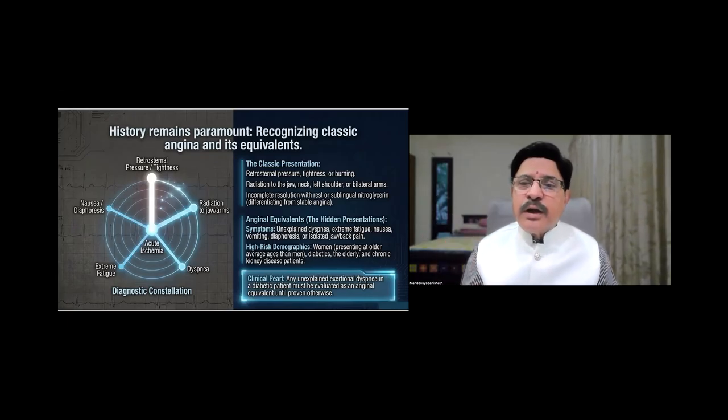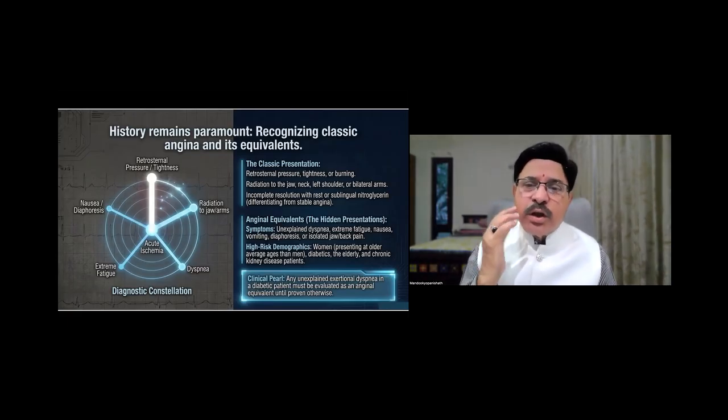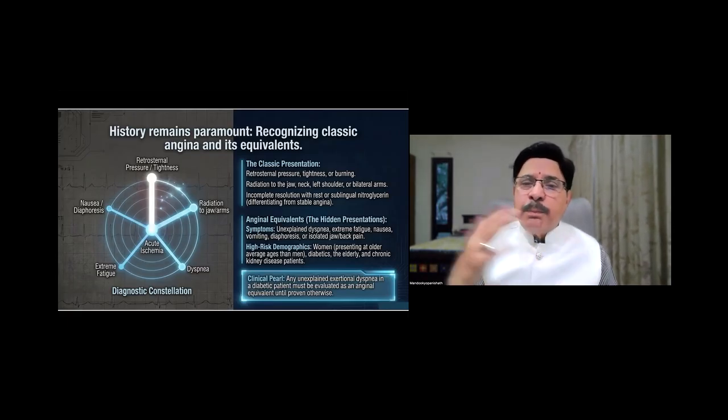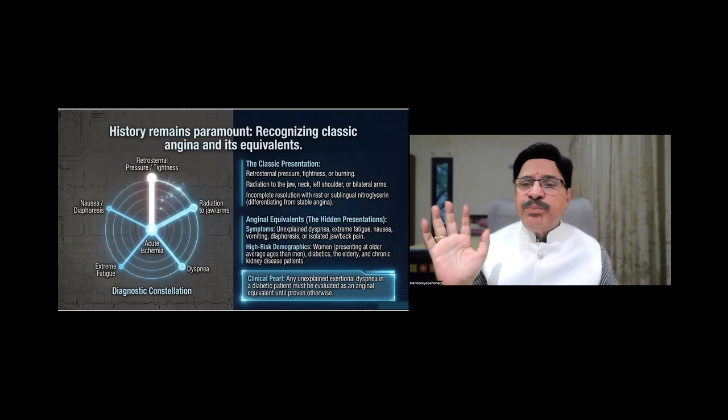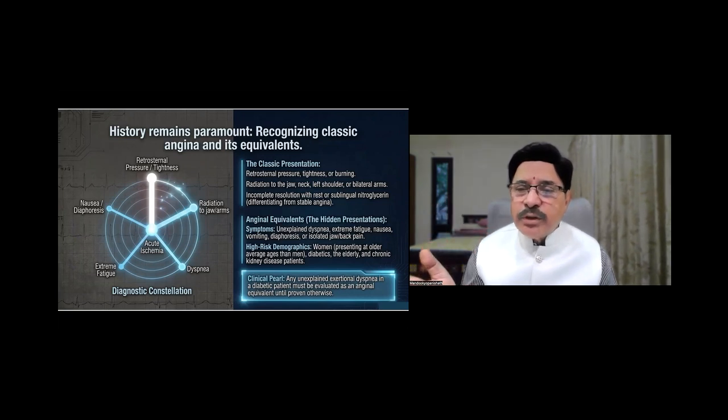Retrosternal pressure, tightness of the chest, burning sensation, radiation to the jaw, neck, left shoulder, both arms, incomplete resolution with rest or sublingual nitroglycerin. Why is it important?